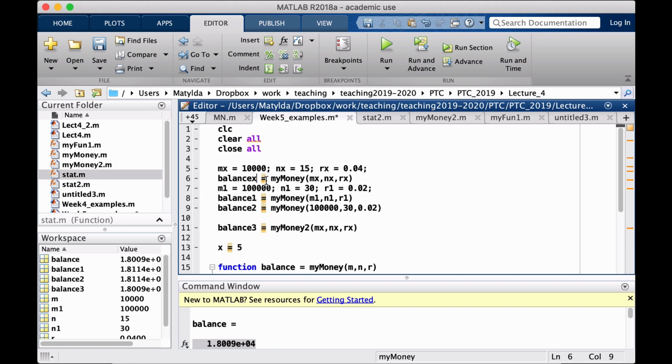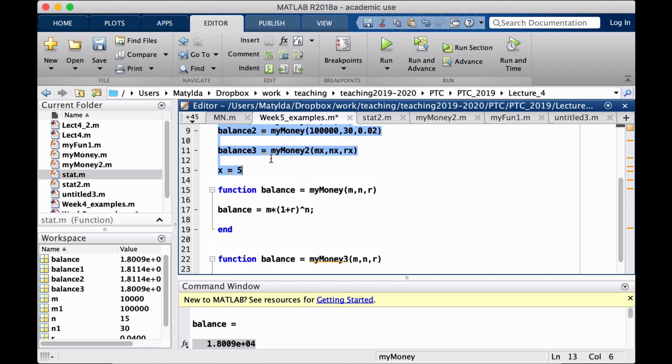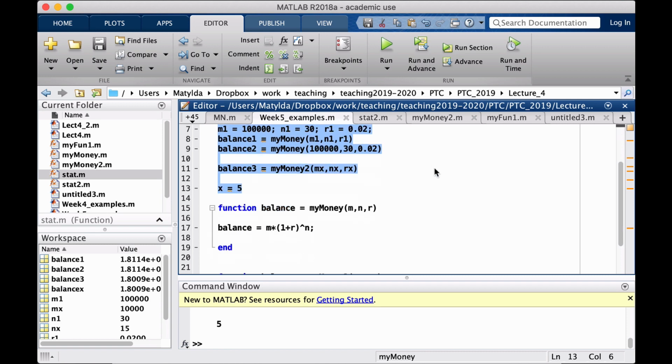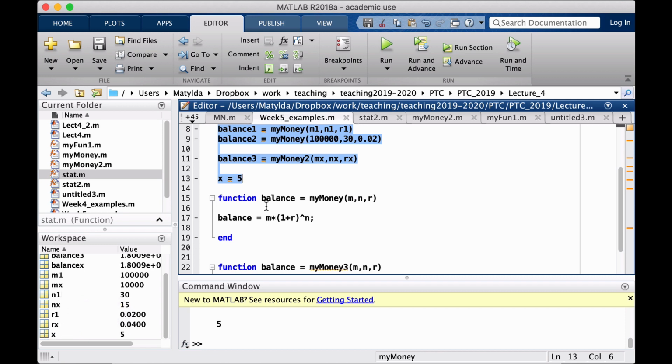So you can see now, nowhere in my actual script do I have m, n, r, or balance itself. But despite that, when I run my code, it runs. So there is no problem that these names are not the same as there. And if you look at the workspace, you will not find anywhere m, n, r, or balance. And this exactly means that these variables are local.